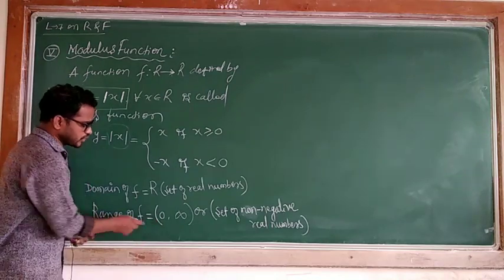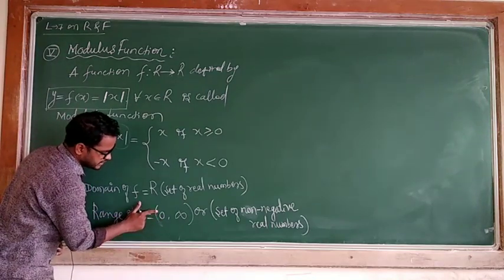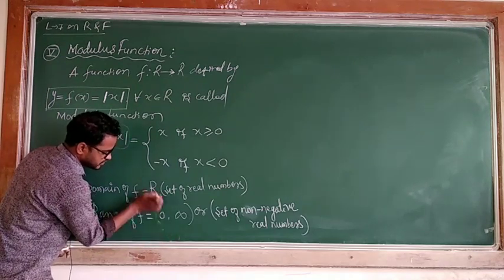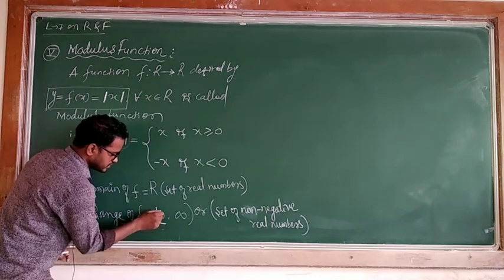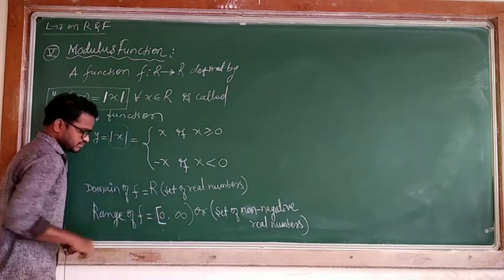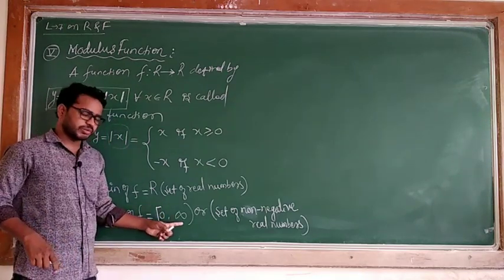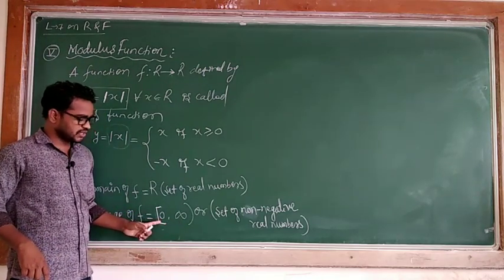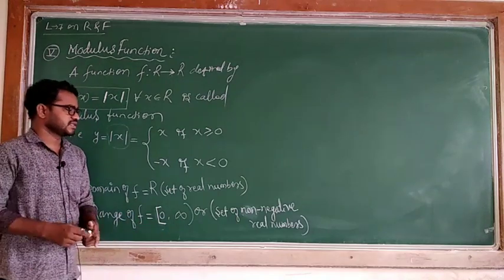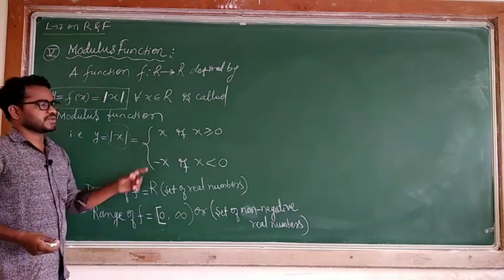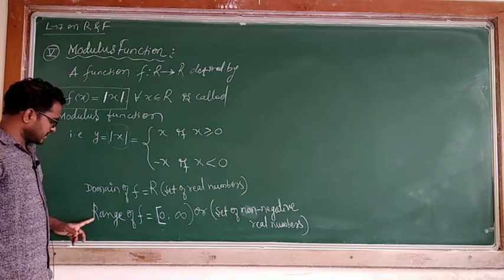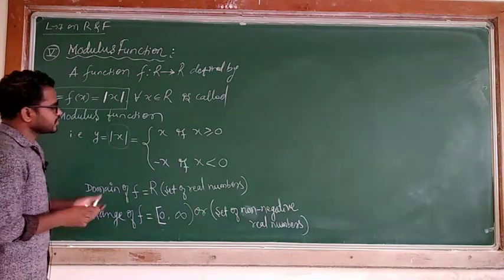If it is 0, 0 is included here. Actually, I can write it like this with 0 also. When you take 0, you will get 0 here. Closed bracket means closed interval. This is closed and open: starting with 0 up to infinity means you can get 0 but not infinity. In the case of 0, you will get 0, or else you will get only positive values. This is about domain and range. You are getting only positive values.